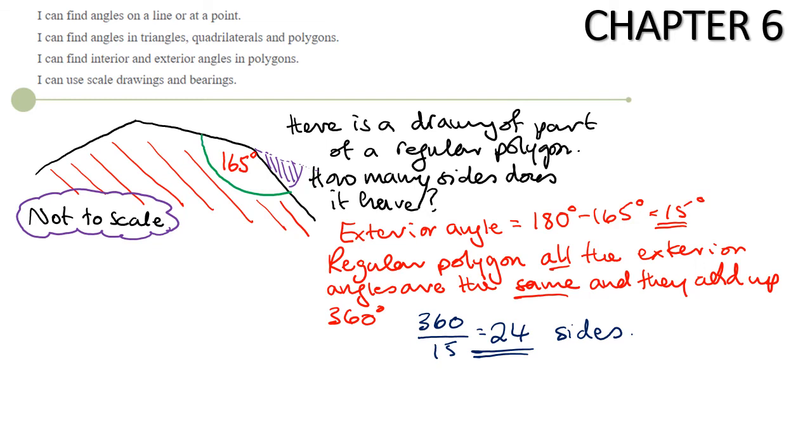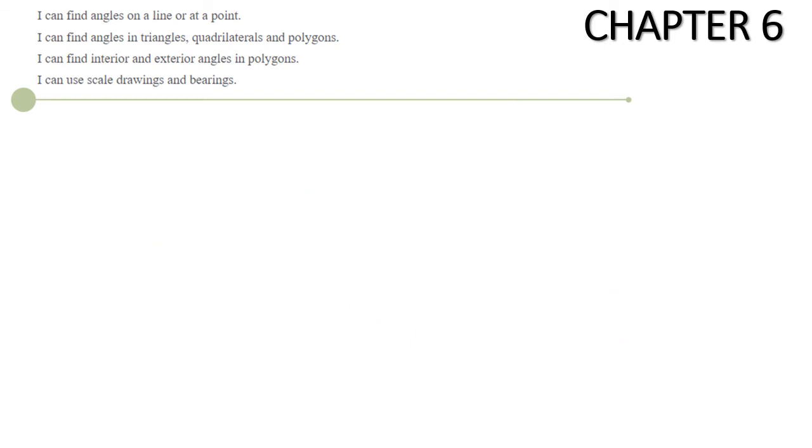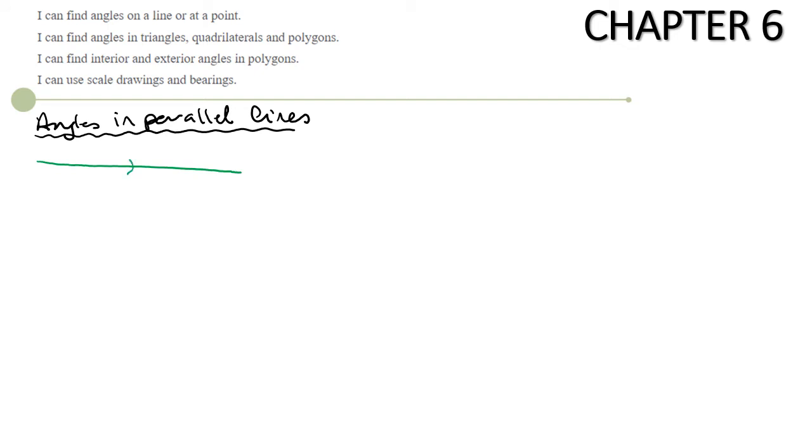So the next thing we're going to be looking at is angles in parallel lines. These are the angles that we get when we've got parallel lines. So if I were to draw a couple of parallel lines like this, and draw a line going across them like this, what we create are actually 8 different angles.